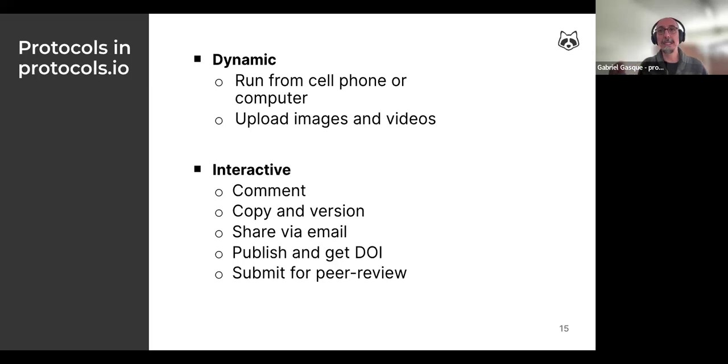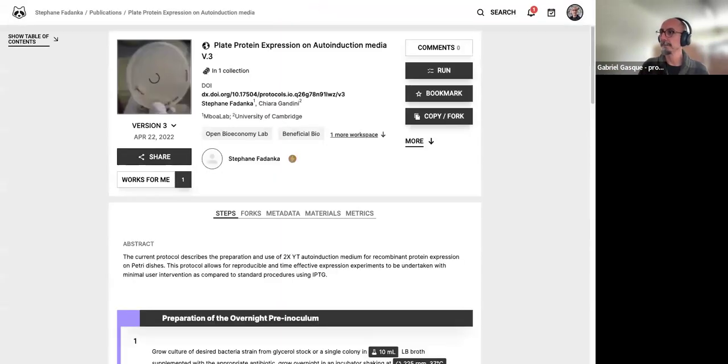And before we continue, let me show you how the protocols created and published in protocols.io are live, dynamic, and interactive, yet persistent documents that go far beyond what a traditional static PDF offers. So I'm going to open one of these protocols, which you can now see on the screen.